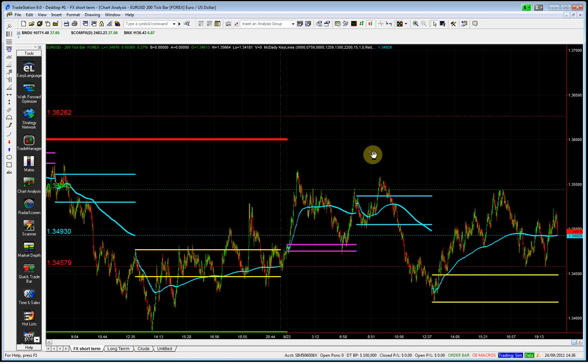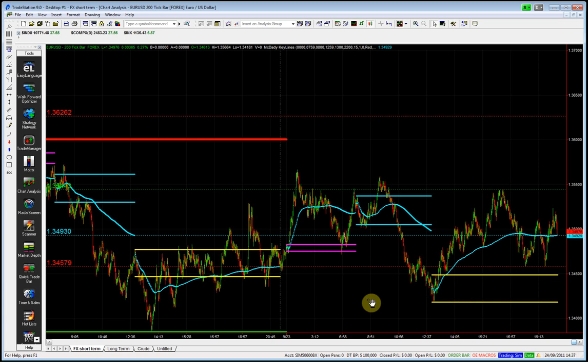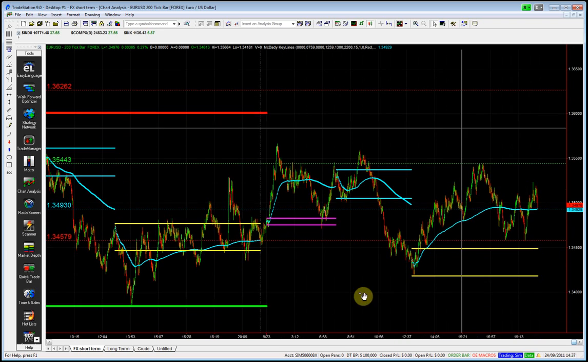Now, what we want to do is use that 134.93 as a stop level for our trade to the short side. The red line, the 134.57, is our short point, with a stop at 134.93. That's the very earliest.